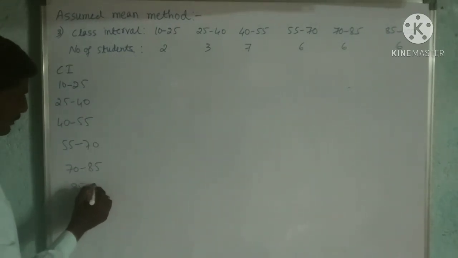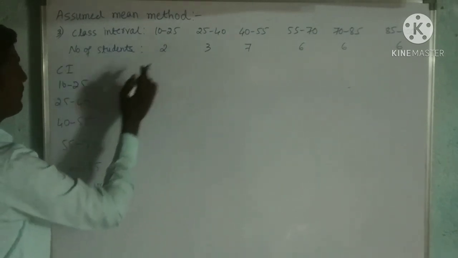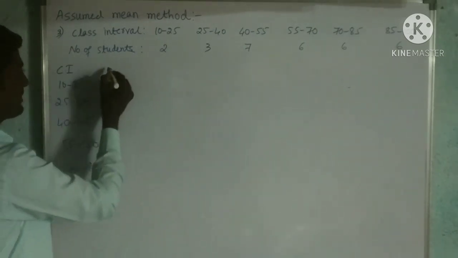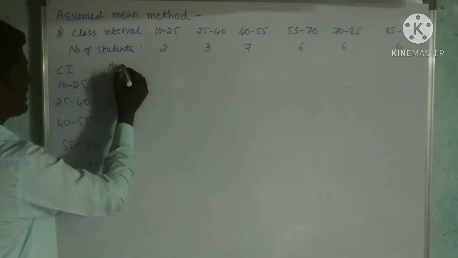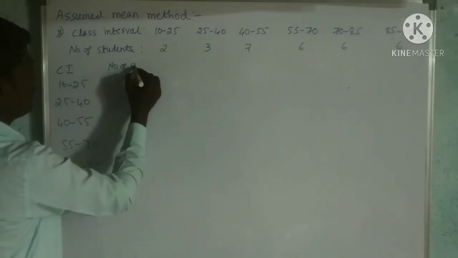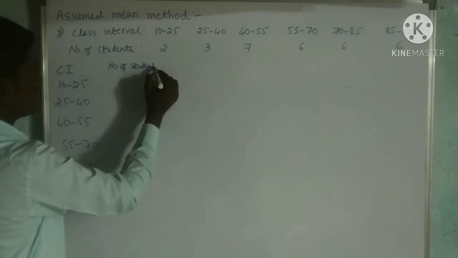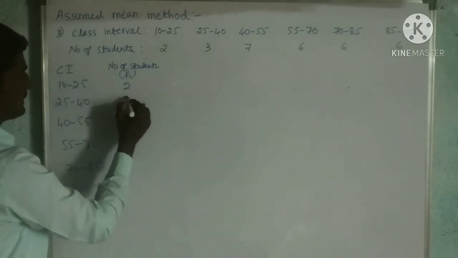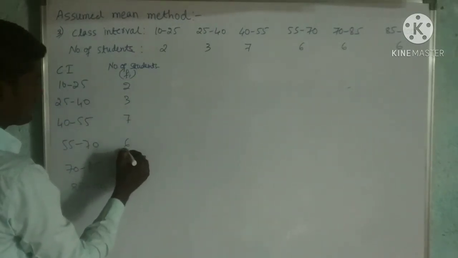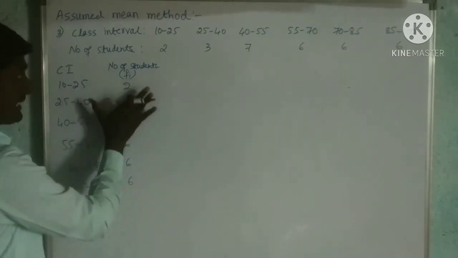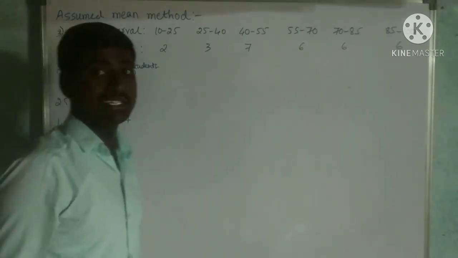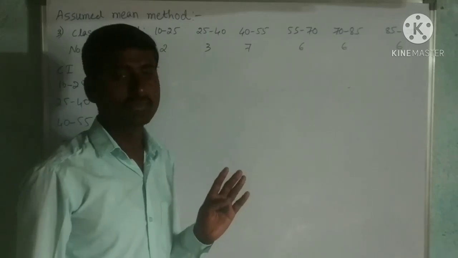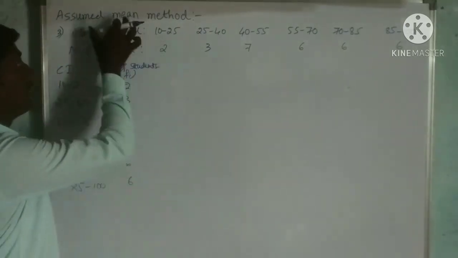Then the number of students, that is the frequency fi: 2, 3, 7, 6, 6, 6. The same problem I have taken as we discussed in the last class, now by the assumed mean method.